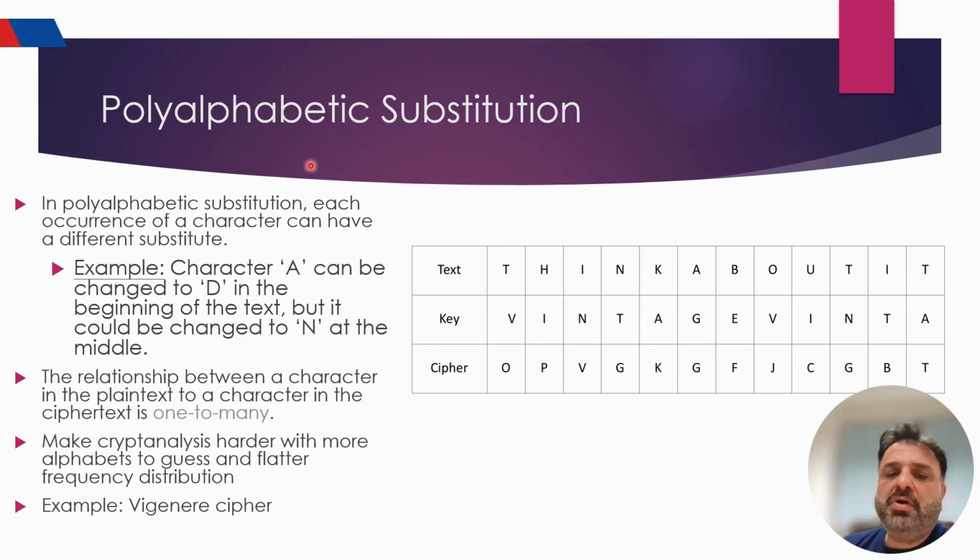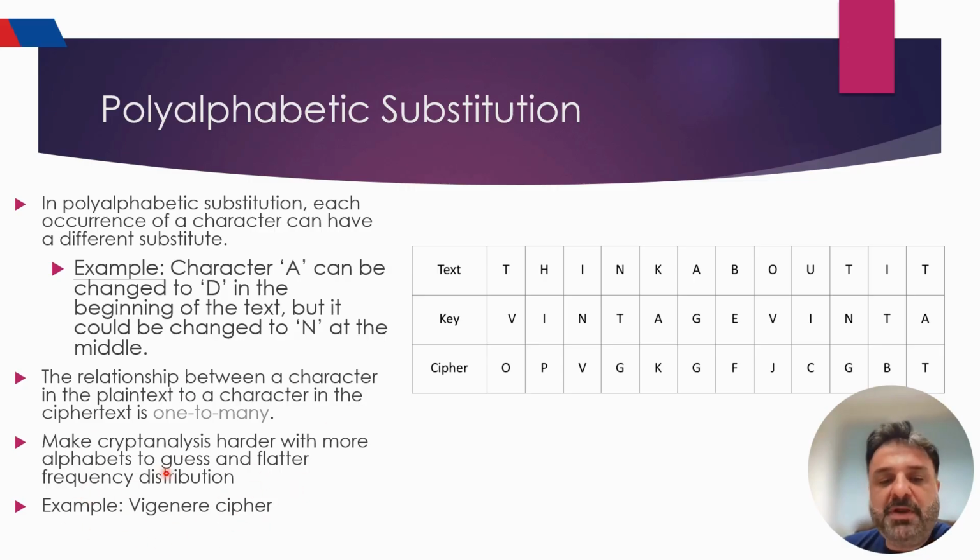In polyalphabetic substitution, for example, in any message, A at the beginning could change to D, but at the end of the message, it could change to N. So a character is not one-to-one to the cipher, and it could be one-to-many, as you can see here. This makes the cryptanalysis harder, with more alphabets to guess and a flatter frequency distribution.